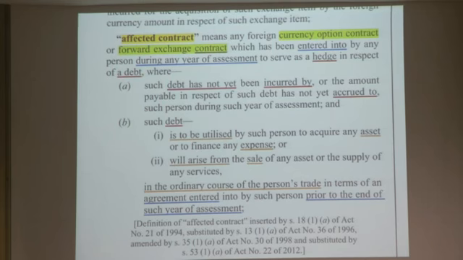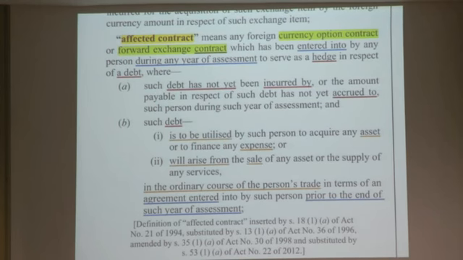The hedging instrument has been entered into by the person during a year of assessment. So those contracts serve as a hedge in respect of a debt. But now importantly, the debt has not yet been incurred by the person, or the amount payable in respect of the debt has not yet accrued to the person during such year of assessment.